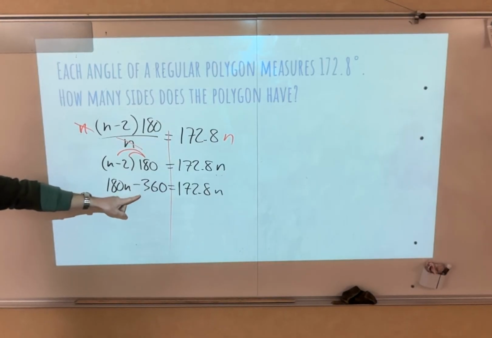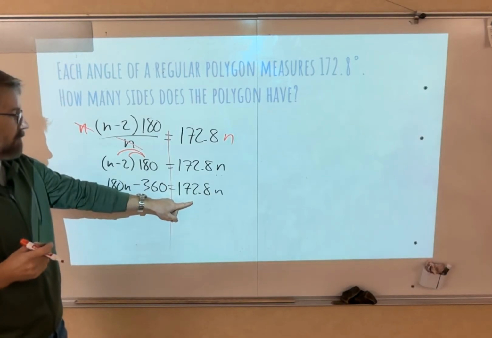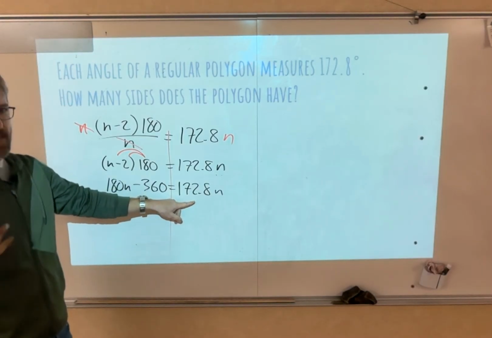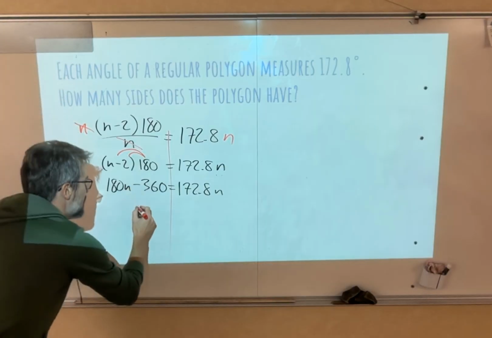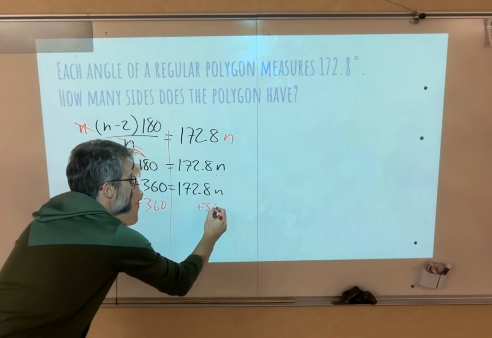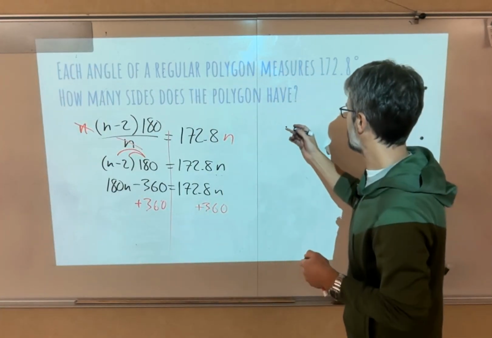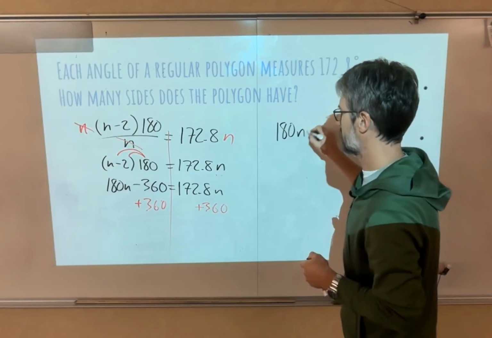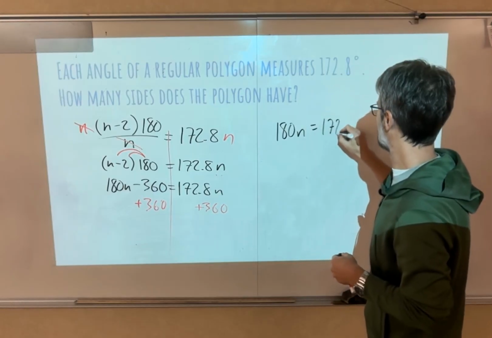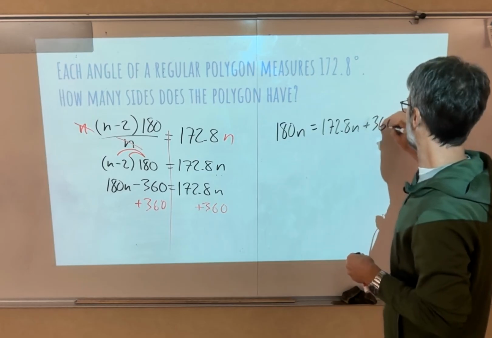I don't like this 360 being negative. I like it when my variables stay positive. So I could subtract the 180n from both sides, but then I'm going to have a negative over here. Not the end of the world, but if I can avoid it, I try to. So I'm going to add this 360 to both sides. I'm going to move that over here, plus 360.